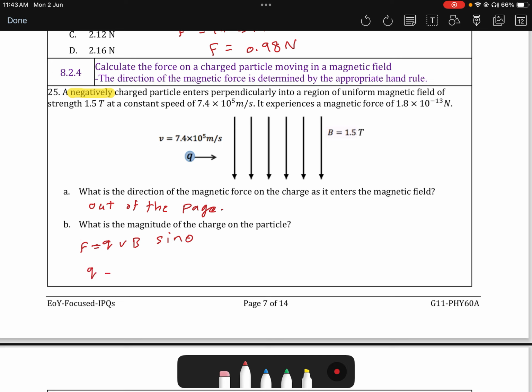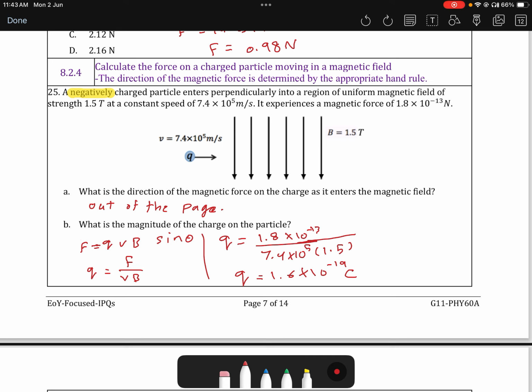Now Q equal force over V B. Q equal, the force is 1.8 times 10 power negative 13 over V, the velocity is 7.4 times 10 power 5, multiplied by B, the magnetic field, which is 1.5. Using the calculator, Q equal 1.6 times 10 power negative 19 Coulomb.